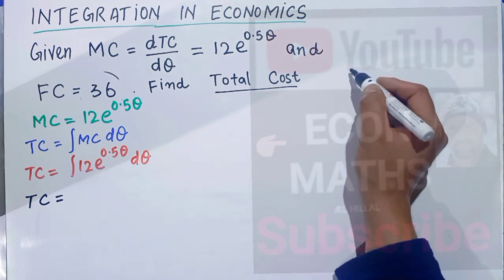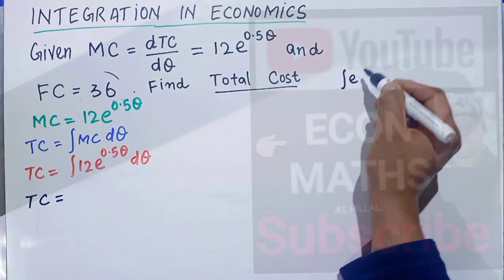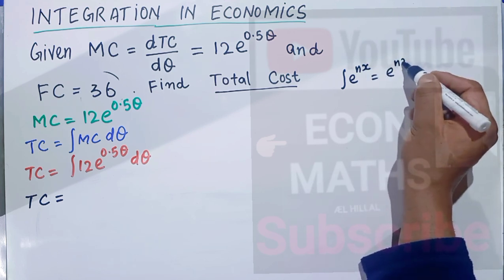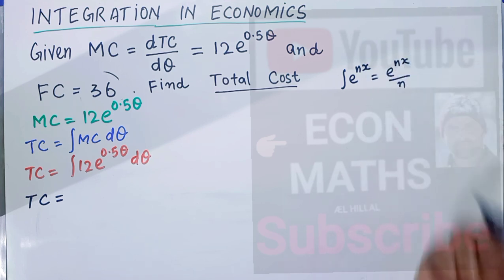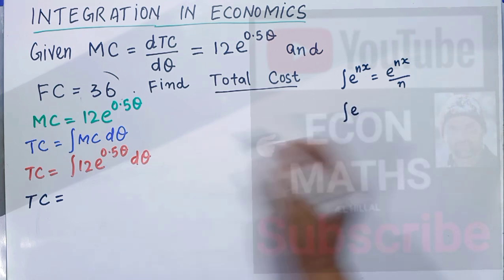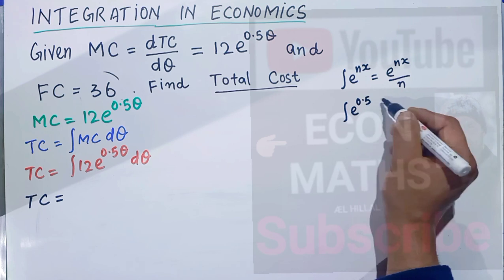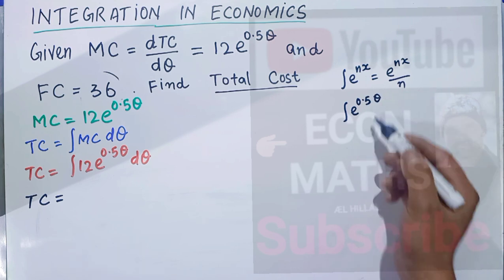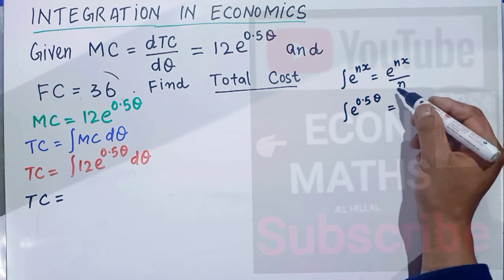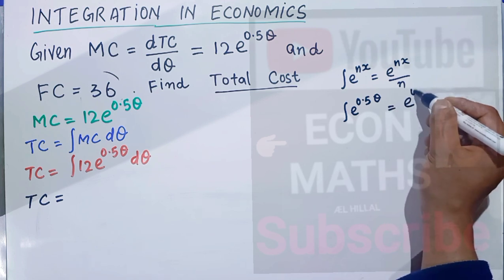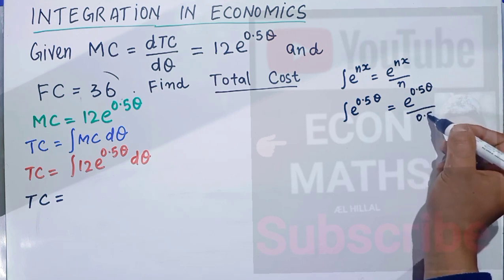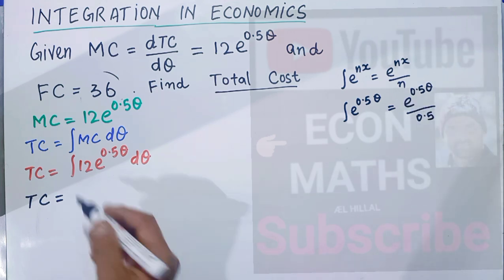Now let us see here, the integral of e to the power nx comes out to be e to the power nx upon n. So in place of nx we have e to the power 0.5q, and we are taking the integral with respect to dq, so the integral will be equal to e to the power 0.5q upon 0.5, from the rules of integration.